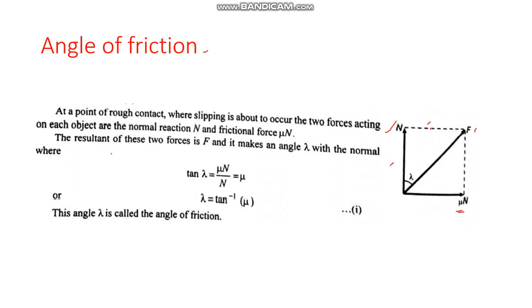Opposite side is mu N and adjacent is N, so it is mu N by N equal to mu. So tan lambda is equal to mu, or lambda, the angle of friction, is equal to tan inverse of mu. If you know the coefficient of friction, if you find the tan inverse, you get the angle of friction.